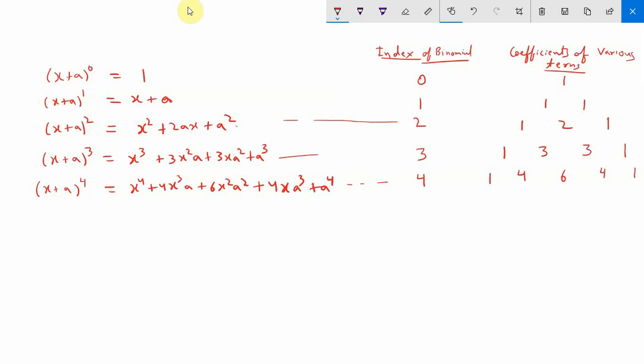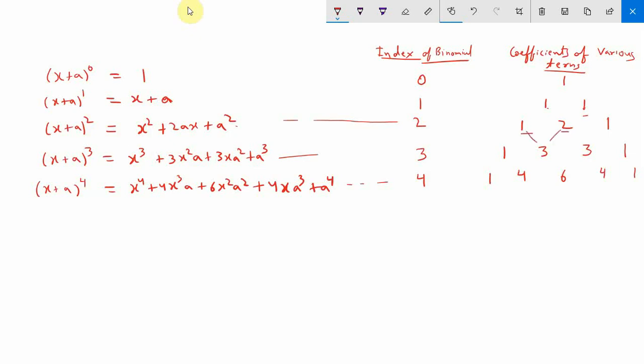If we see here, 1 for index 0, then for x plus a to the power 1, it is 1, 1. Next, the middle term is the addition of this and this. Again, 3 is the addition of 2 and this.